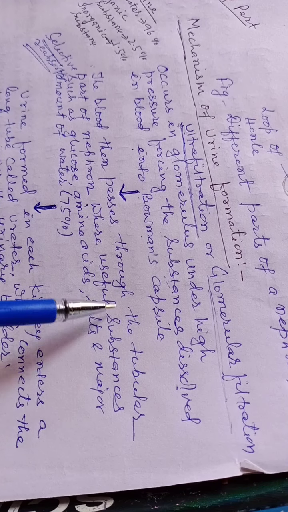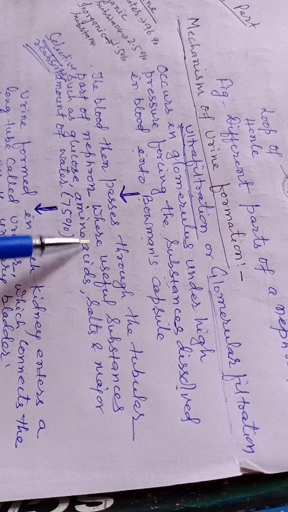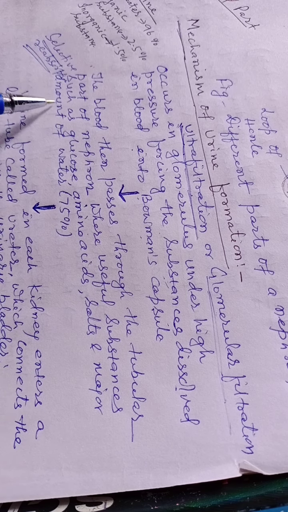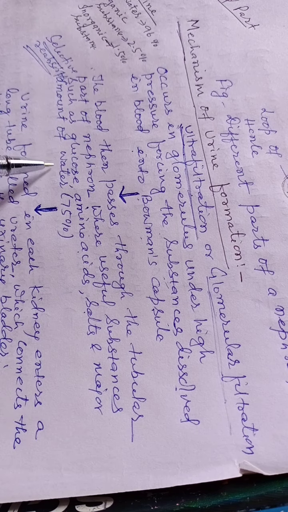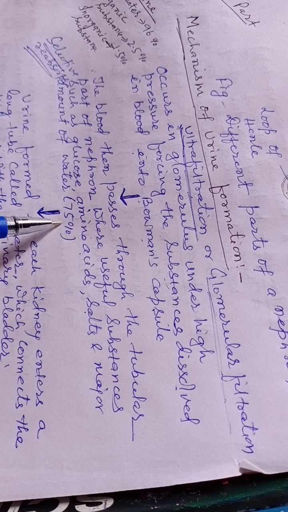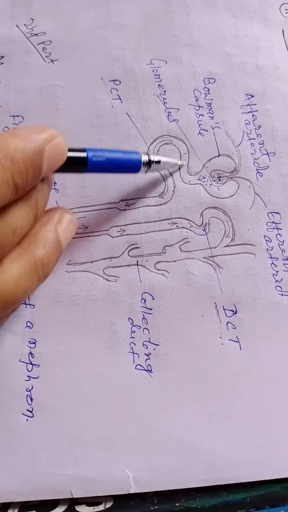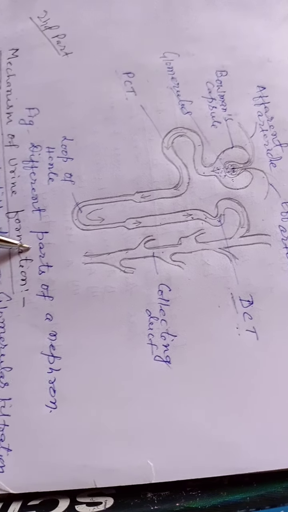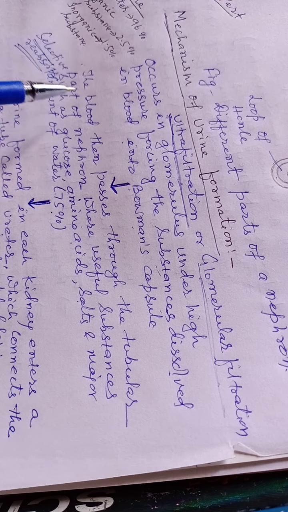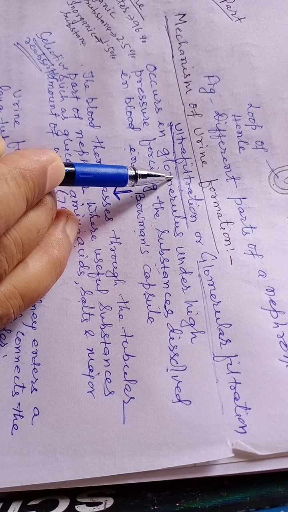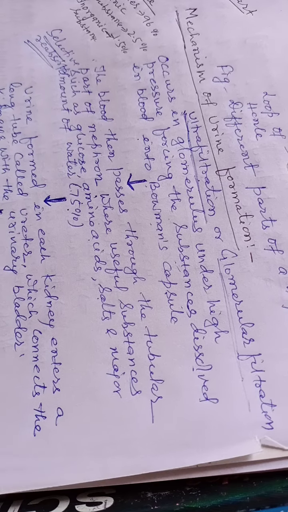So the blood then passes through the tubular part of the nephron, where useful substances such as glucose, amino acid, salts, and a major amount of water, almost 75% of water, is again reabsorbed by the lumen of the tubule. So first glomerular filtration, then selective reabsorption.